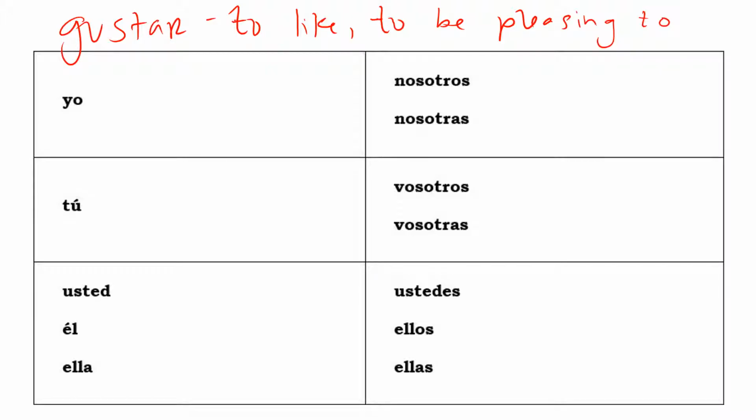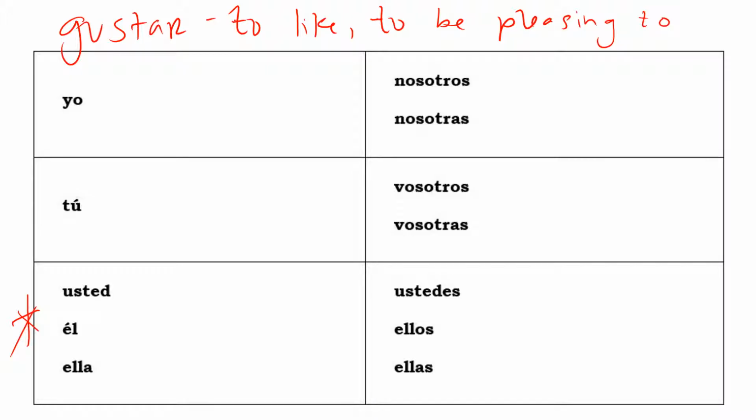First, let's look at gustar and exactly how it's conjugated. Like I said, we're not going to use yo, tú, él, ella, usted, but I'm going to keep them there because it's still important to know who is doing the liking. So first, remember I said we're only going to use the third person singular and plural forms that we're going to match with our indirect object pronouns.